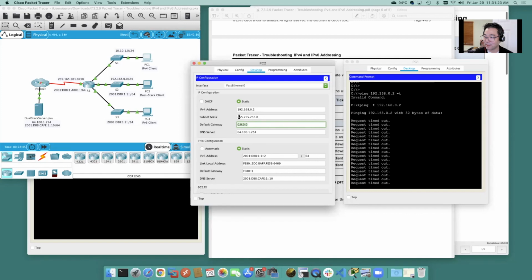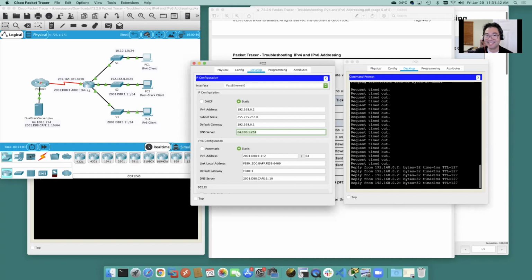Class C here, my guess is 0.1 is the router IP. Okay, 0.1. Hey, look at that. All right, there are the ICMP echo replies. Oh, good. Completion right here is 100%.